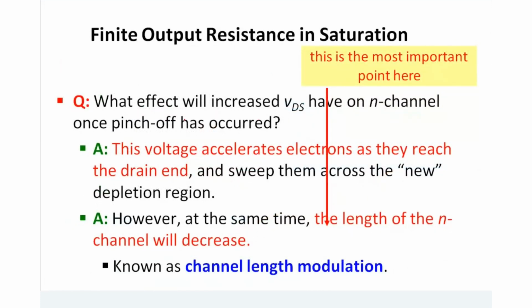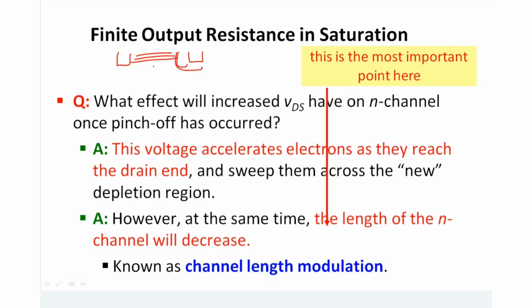So what effect will increased VDS have on the N channel once pinch off has occurred? This voltage accelerates electrons as they reach the drain end and sweeps them across the new depletion region. When you further increase VDS, the depletion region tries to increase, the channel tapers, and the length of the channel further decreases.